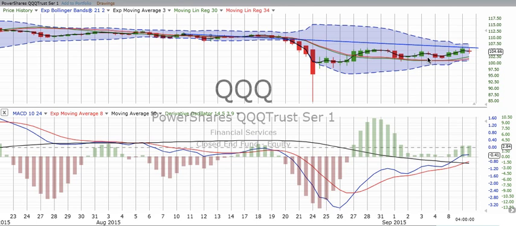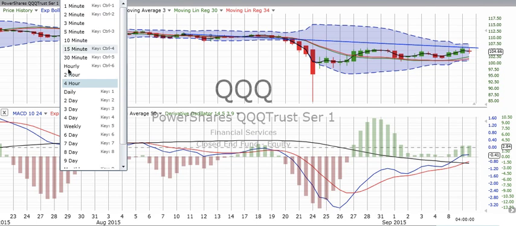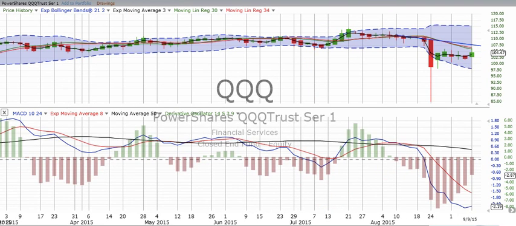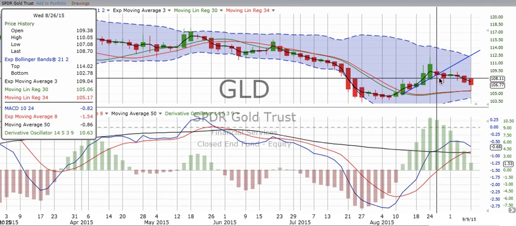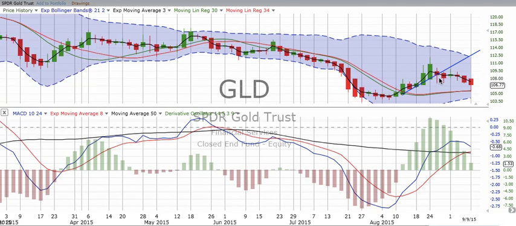Now, let's go ahead and range back out to the 2-day chart, and let's look at gold. Gold was down today also, just like the markets. And again, gold has crossed over going down. It actually crossed over, not the MACD yet, but it crossed over the 2-day trend line way back around the 26th or so.